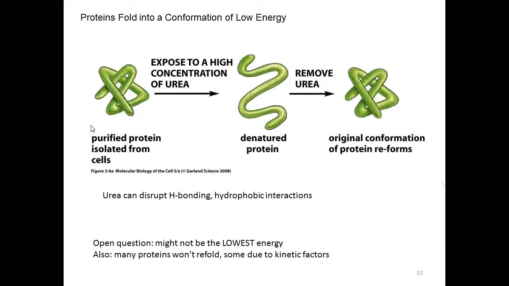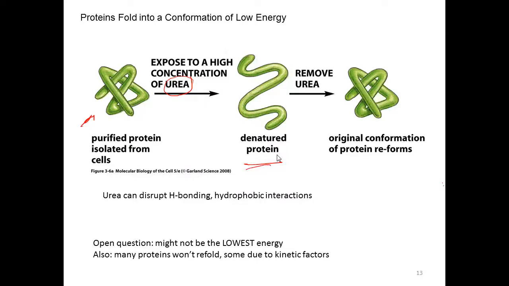This slide depicts an experiment where we take a folded protein, we add a large amount of urea to the solution. Urea is a molecule that disrupts hydrogen bonds and hydrophobic interactions, and the result of that is it will unfold proteins. That's native structure and denatured.